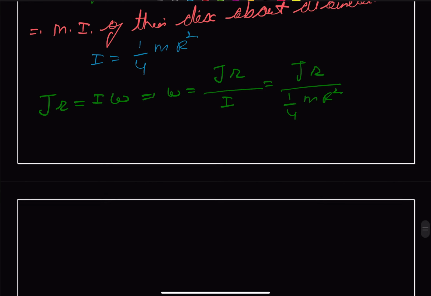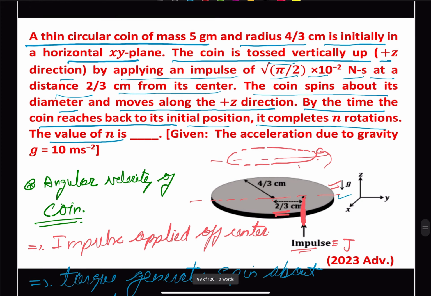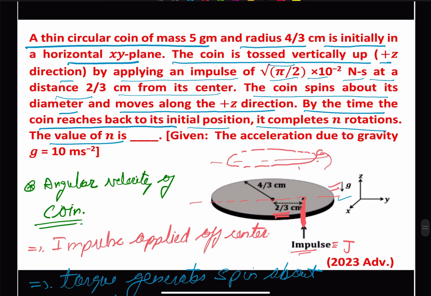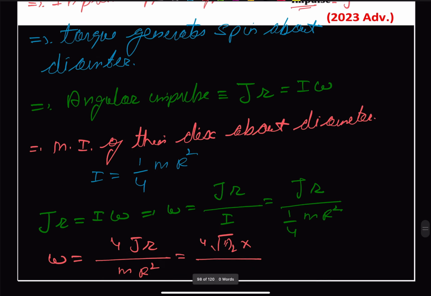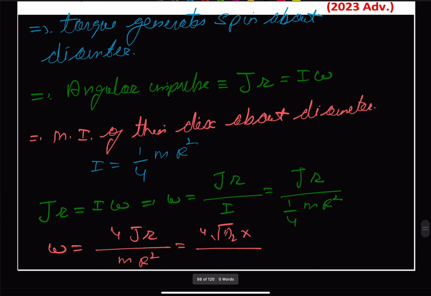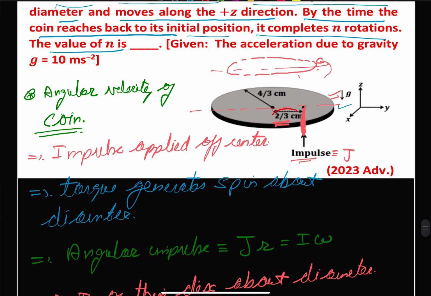So we get omega is equal to 4 Jr over mr square, and J is our square root of pi by 2. So we substitute them. This comes as 4 square root of pi by 2, and the radius, small r, is 2 by 3 centimeter.